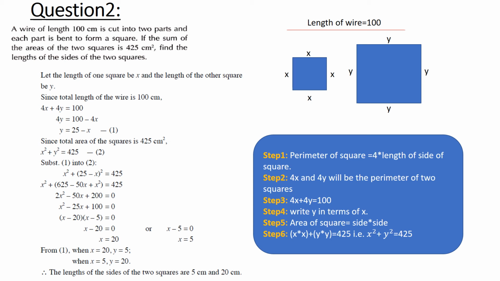Here the possible factors are x minus 20 into x minus 5 equal to 0. So from the first expression you will get x equals 20, and from the second expression you will get x equals 5. Hence the possible lengths of the sides of the two squares will be 5 centimeter and 20 centimeter.